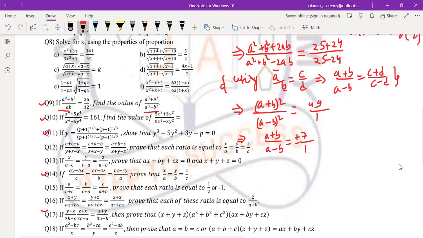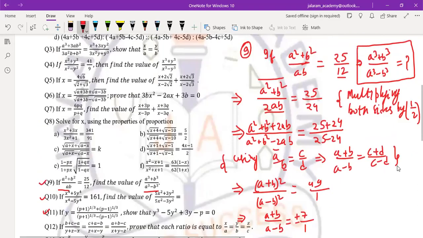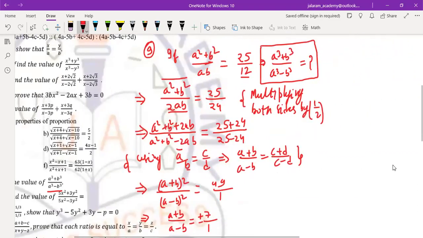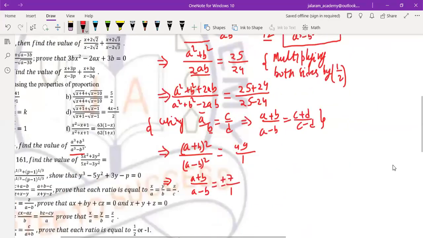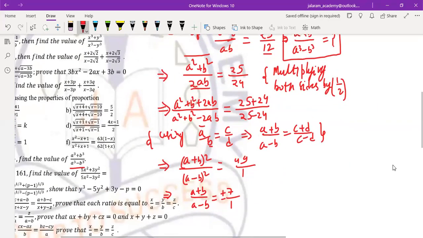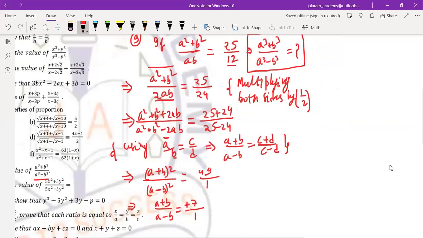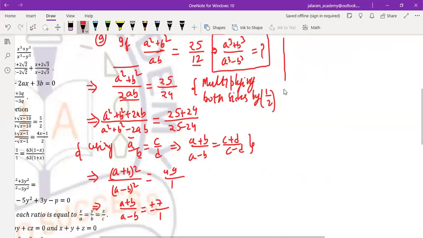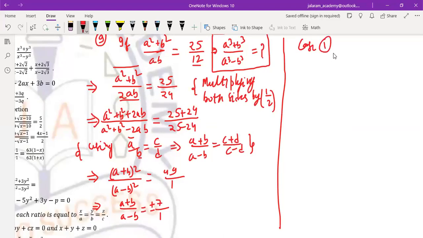So case 1, as we now have to find a cube plus b cube over a cube minus b cube, how do we bring it from a plus b upon a minus b? First of all, we use case 1, a plus b upon a minus b equals only 7 by 1, not minus 7 by 1.